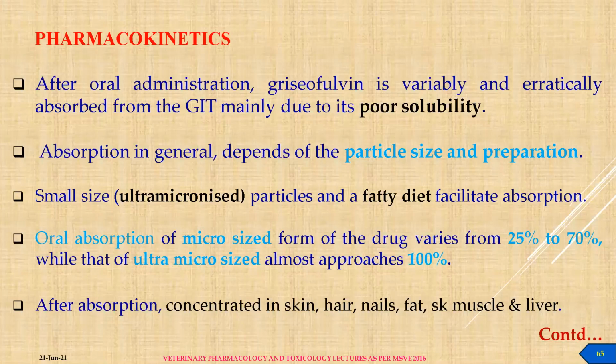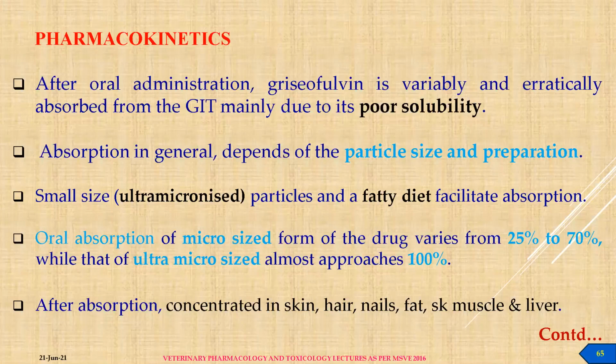So the small size, ultramicronized particle and a fatty diet facilitate the absorption. Oral absorption of the micro-sized form of the drug varies from 25 to 70%, while the ultramicro size approaches 100%.